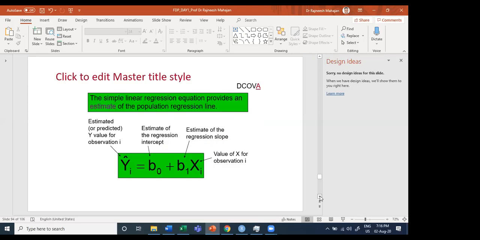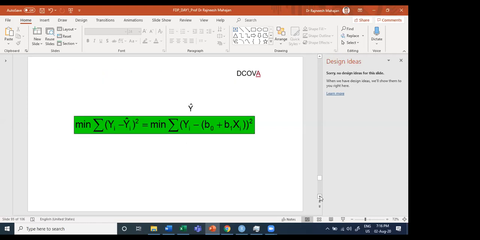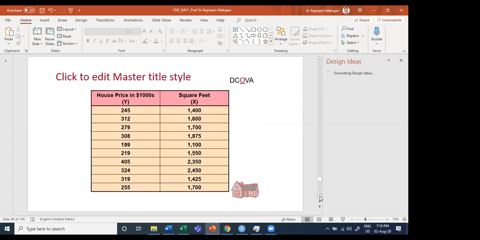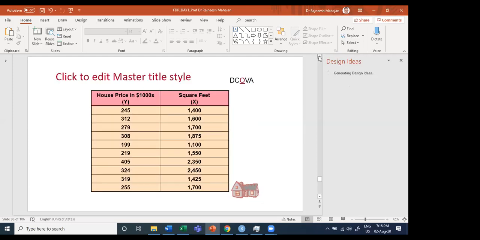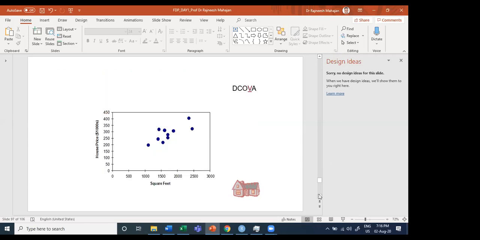This is also y hat equals b0 plus b1 x, and the detailed least squares method has been shown with this equation, this is the data. You can say that instead of housing prices, you can use the cost of medicine and dosage of medicine. You see the relationship between them, and we can develop the regression in that case.